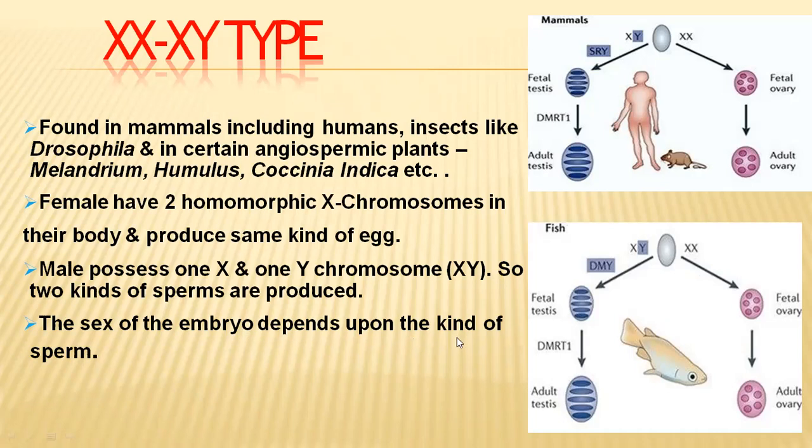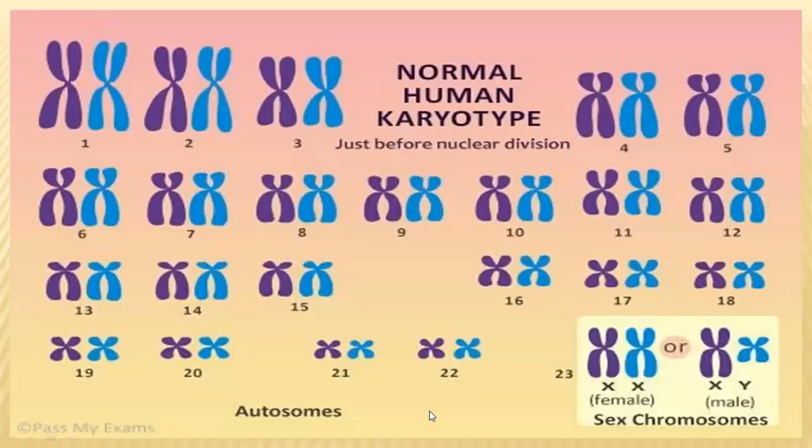So it is the sperms that determine the sex of the offspring. If a Y chromosome bearing sperm unites with the ovum, it will develop into a male offspring. If a sperm having an X chromosome unites with the ovum, it will develop into a female offspring.